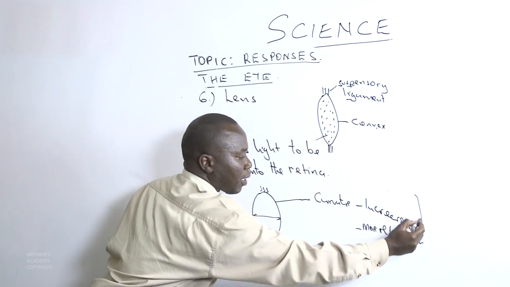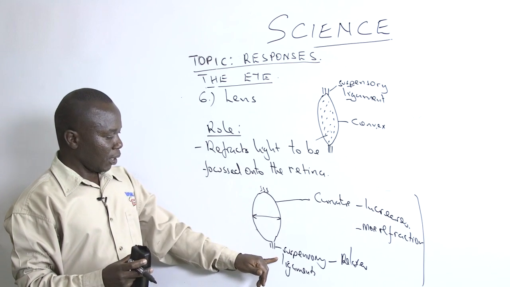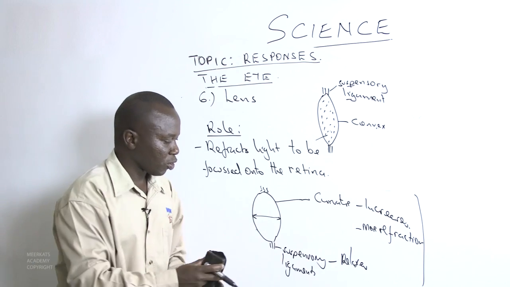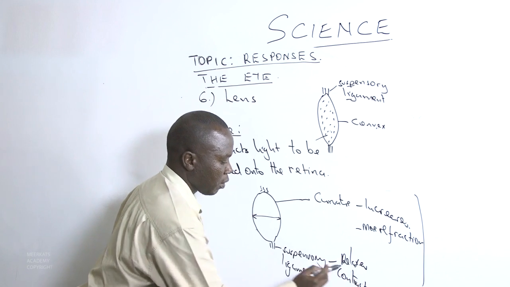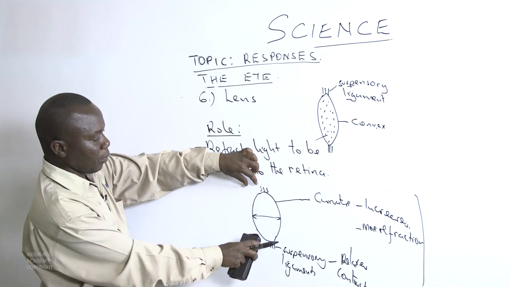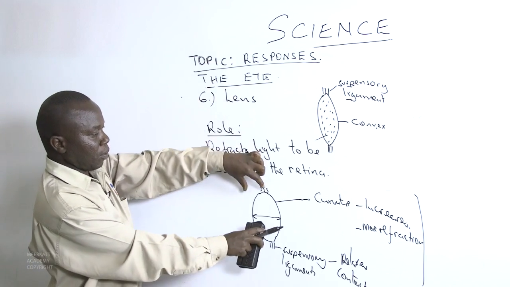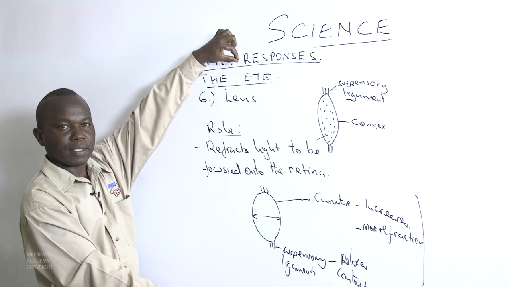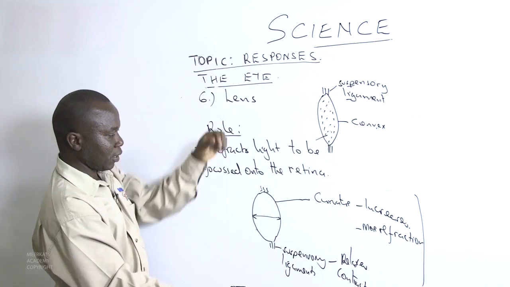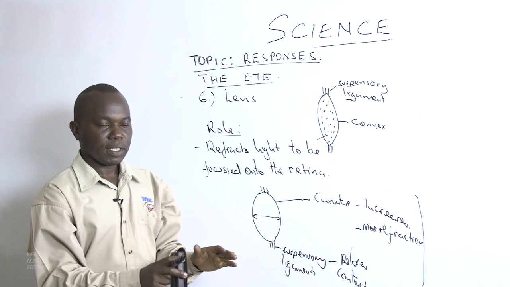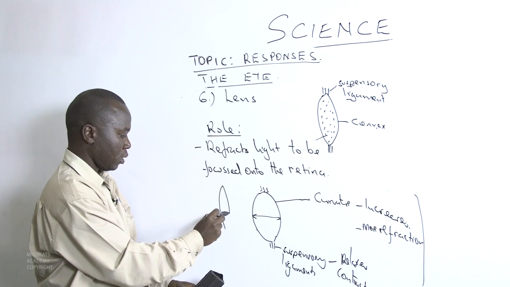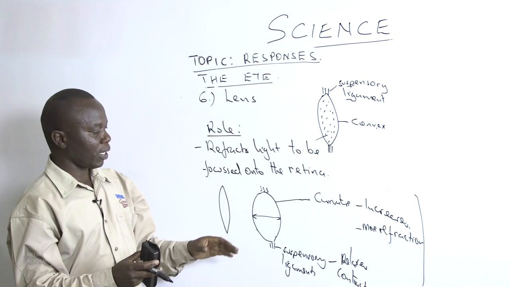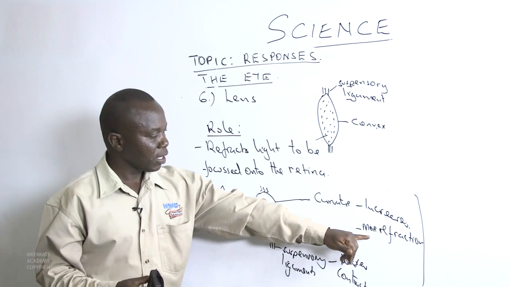And the opposite happens. When the suspensory ligament contracts, it pulls the lens, and the curvature decreases. So it becomes more flat. When it becomes more flat, there will be less refraction.